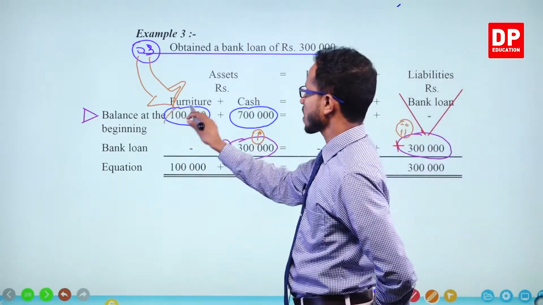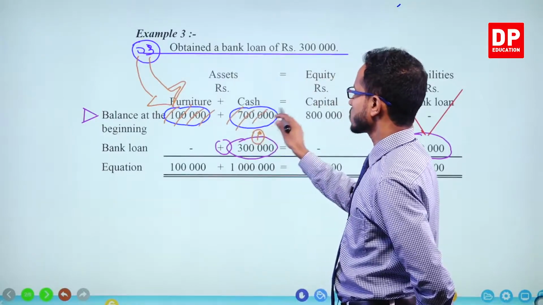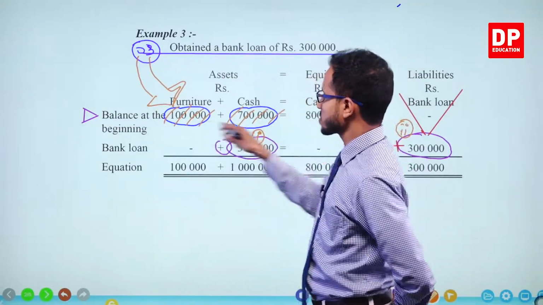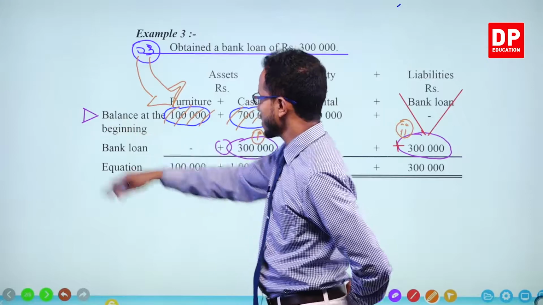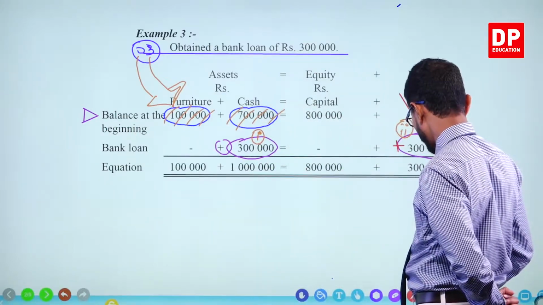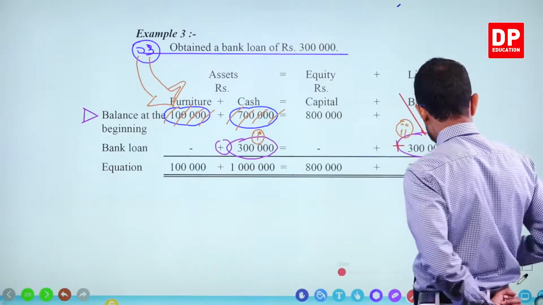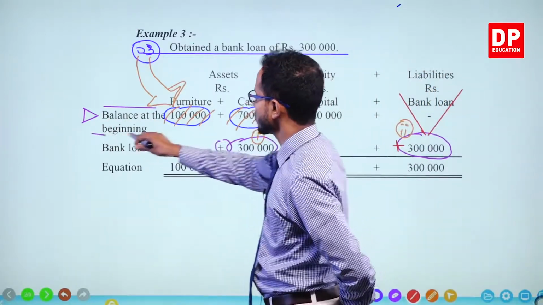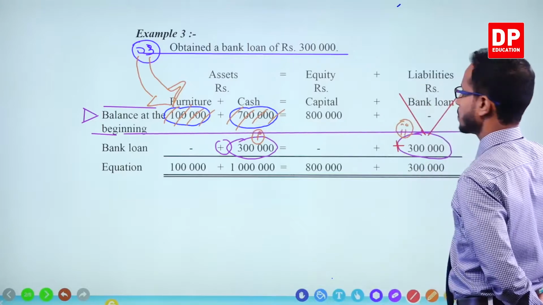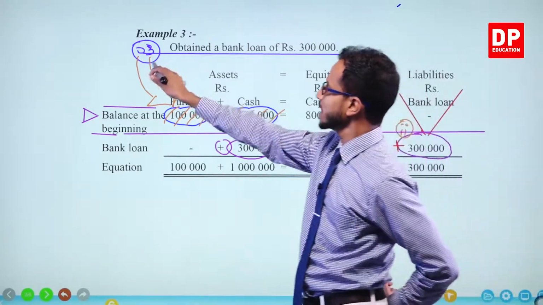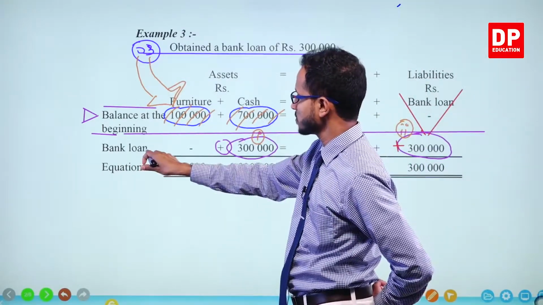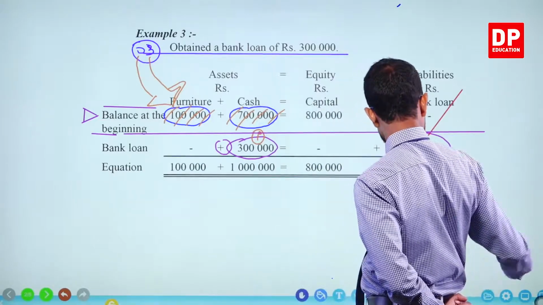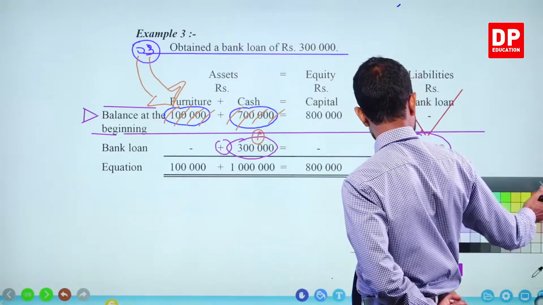These are coming from the early transactions. These are the balances. Balances are always shown, but the effect of transaction number 3 is right here.